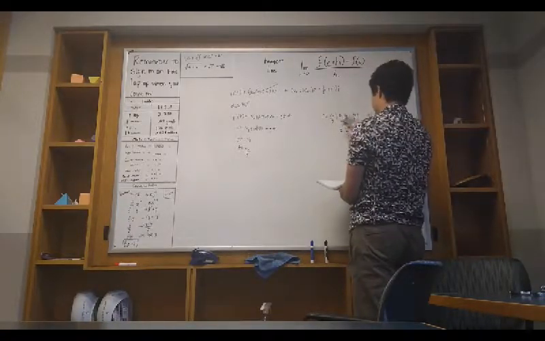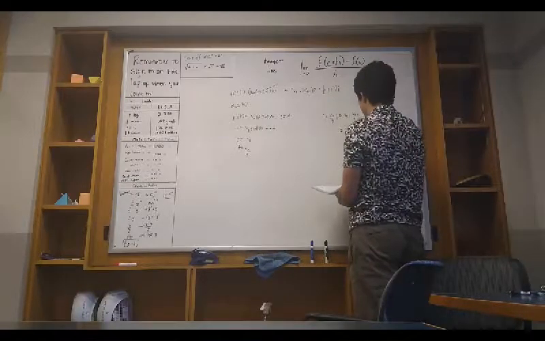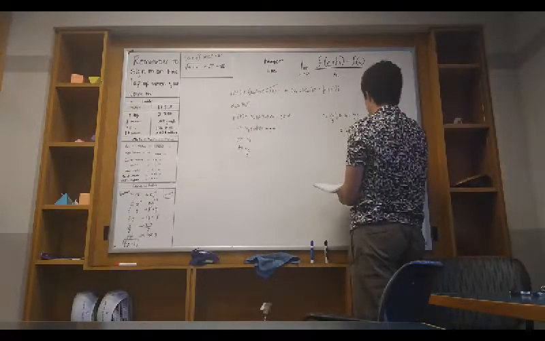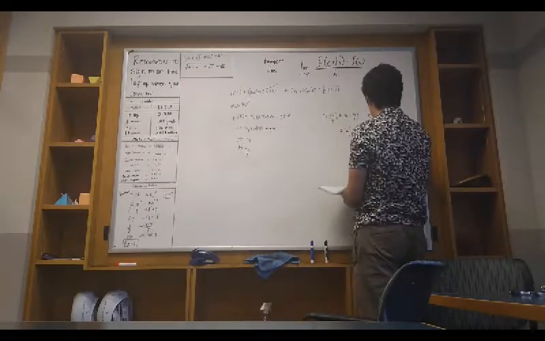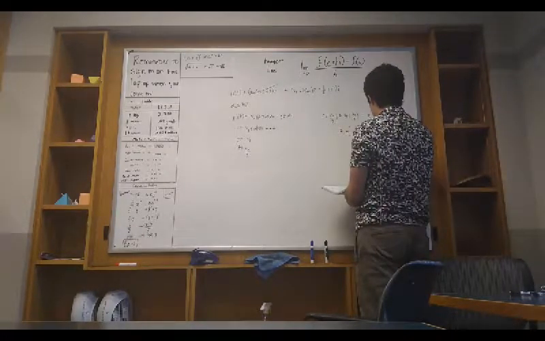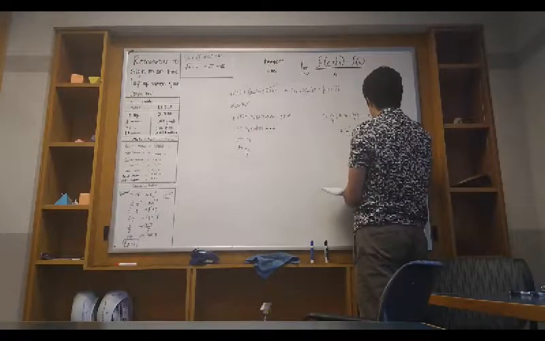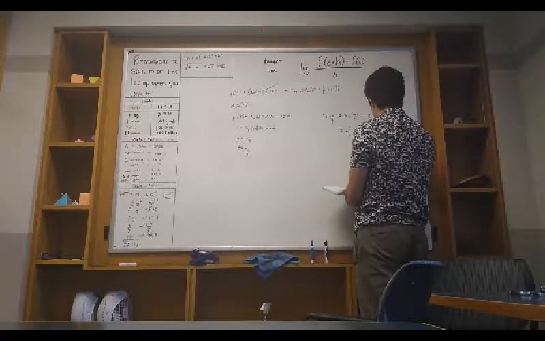When we simplify this down, we get v initial squared over gravity minus 1/2 g times v initial squared over g squared.